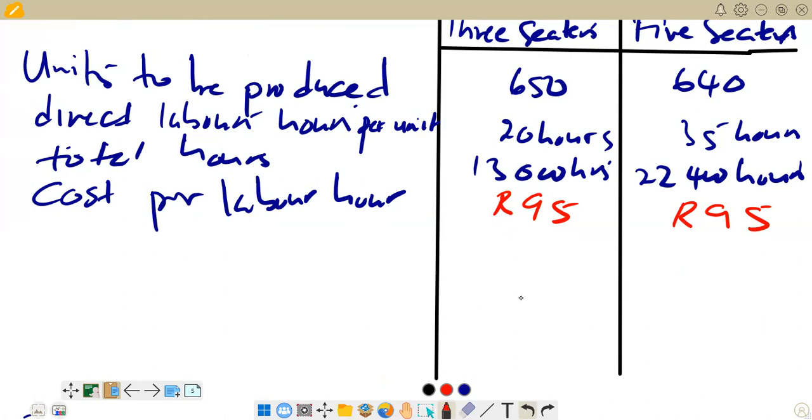Now to get the total direct labor cost, we multiply total hours times the cost per labor hour. 13,000 times 95, when you multiply, you get 1,235,000. And then 22,400 times 95, we get 2,128,000.